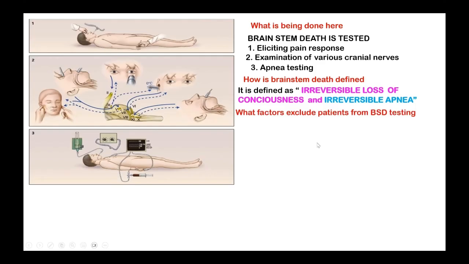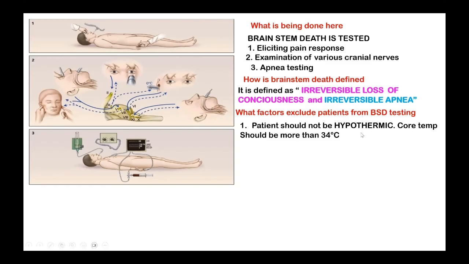What factors exclude patients from brain death testing? Who are all the patients where you cannot do the test? Facial bone fractures, alcohol consumption, prolonged sedation, drugs, paralyzed patients.